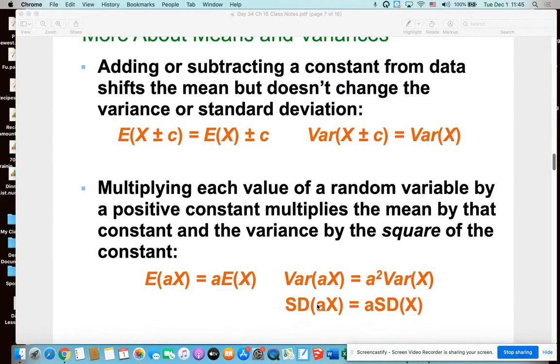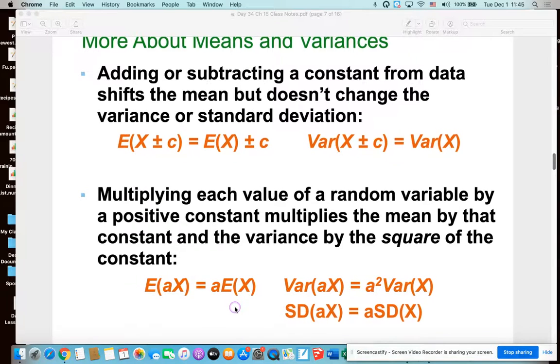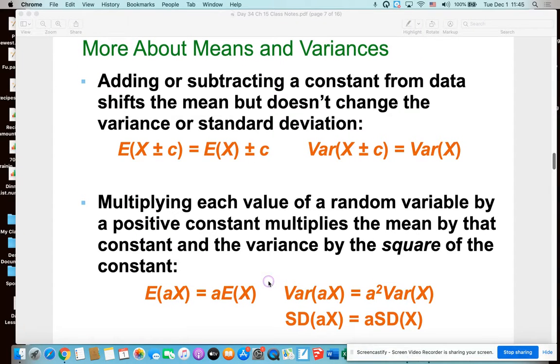All right, the next thing is transformations. So what happens to means and standard deviations when we add and subtract values? We've seen this a little bit before. When you add or subtract a constant number from a data set, like to every single value, then the mean will go up by that amount or down by that same amount. But the variation doesn't change, right?